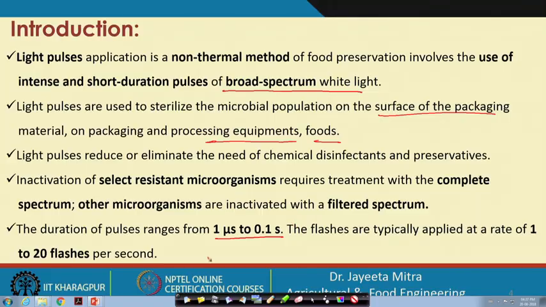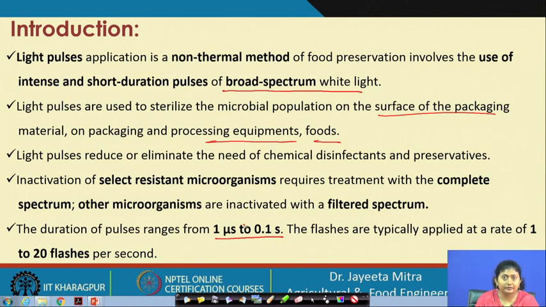So, we can say that this is an effective method, and the cost involved is also very less, and there is no residue. So, the cost of removal of residue or chemical preservative can also be nullified. That way this is a very helpful method in the industry.